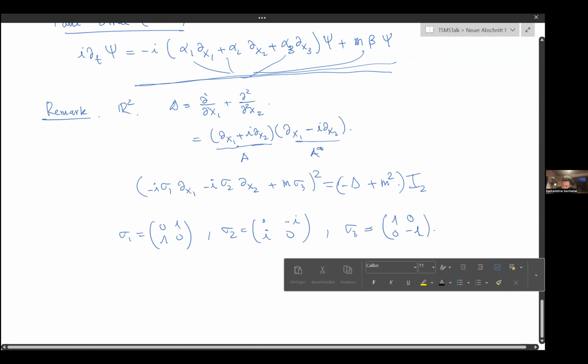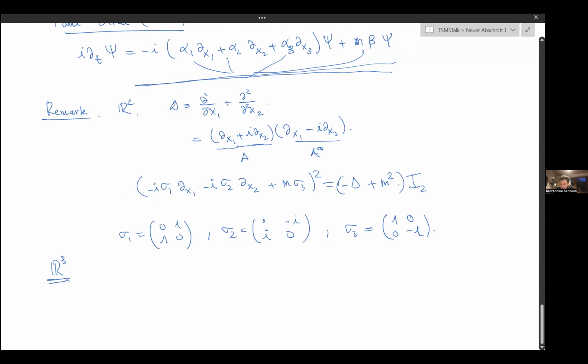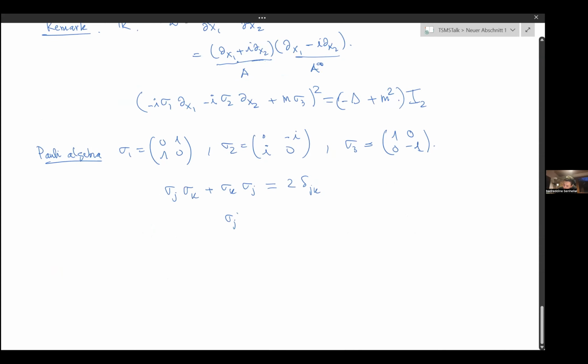Now, in R3, for example, this is what we call the Pauli algebra. Let me just recall the property here. In fact, sigma j sigma k plus sigma k sigma j is equal to 2 delta jk, and sigma j squared is the identity.